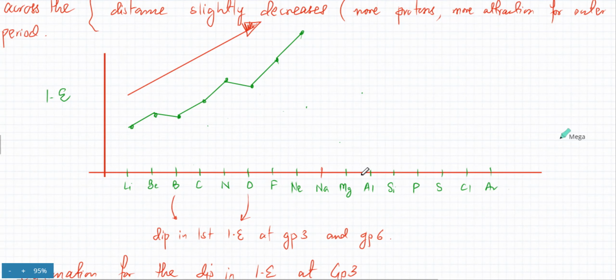Now, this was period number 2 up till this point. Then period number 3 starts. Now the trend is going to be exactly the same, except that it's going to be lower.